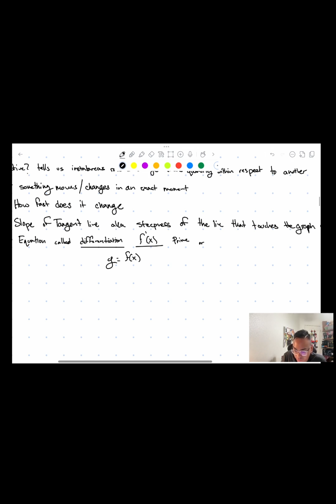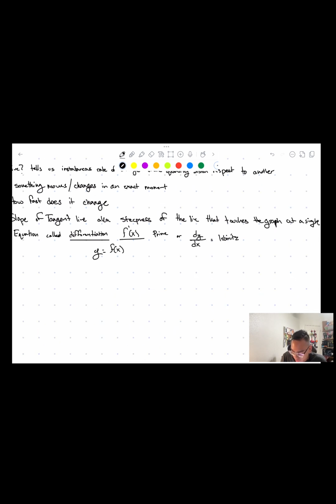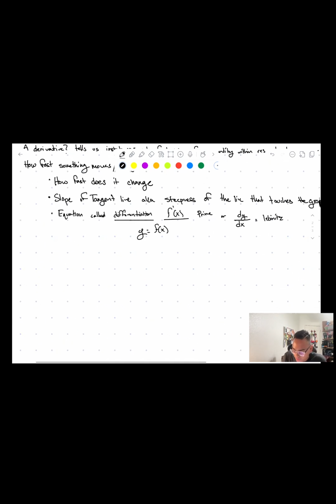Another way to write this is going to be dy over dx. This is Leibniz. I believe it's called Leibniz form. So you might see it as f prime of x or Leibniz notation.